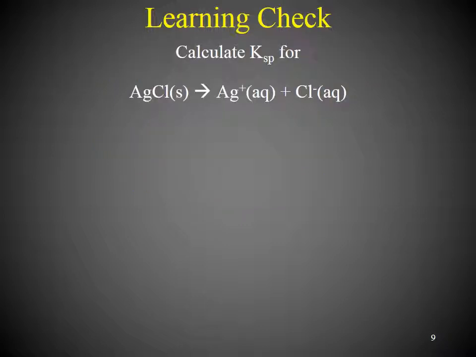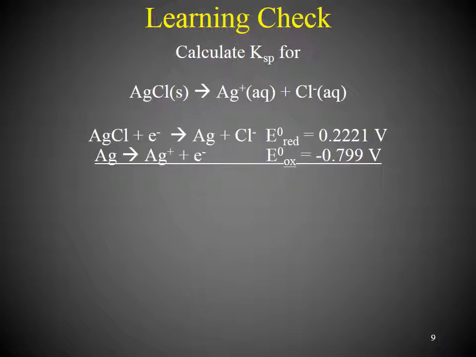Calculate KSP for this equilibrium. Come back when you're done. So first of all, we calculate the cell voltage from the table. We obtain values for the potential of the half cells.